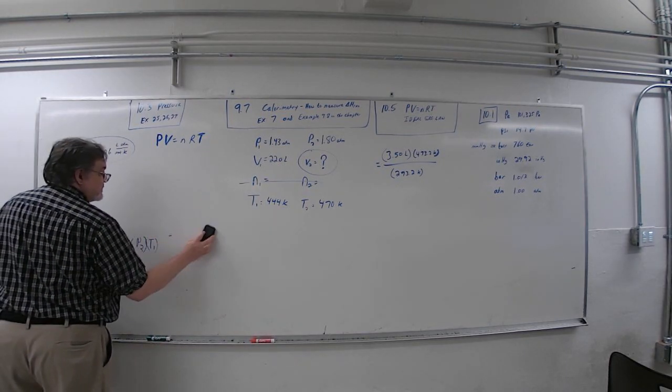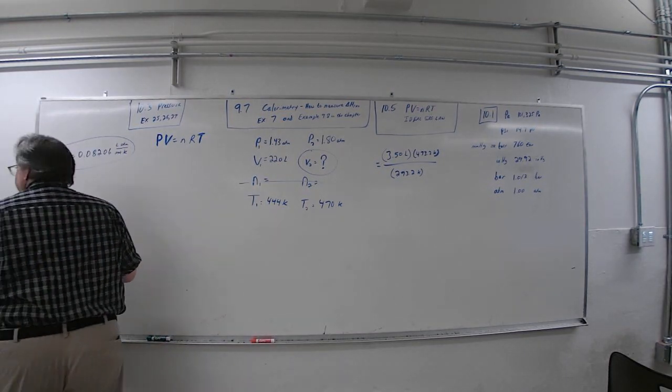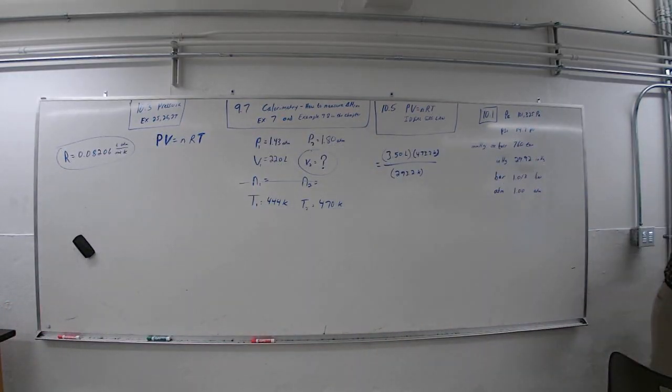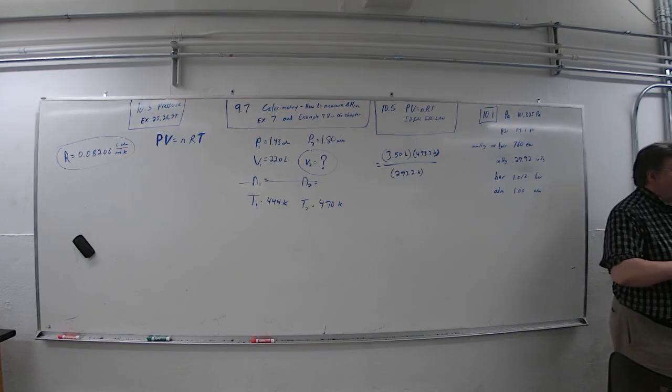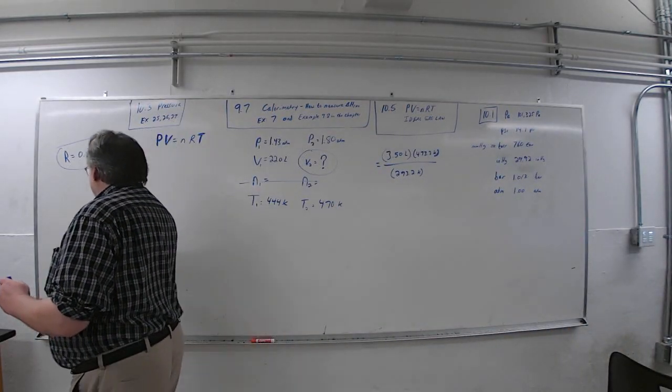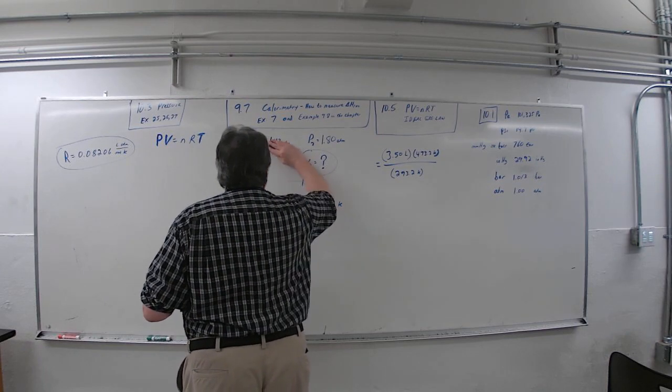Notice, so if you read that one, this is slide 10: a sample of hydrogen gas is added in a 5.80 liter container at 56 degrees C. How many moles of the gas are present in the container if the pressure is 7.6 atmosphere? The point is, there's nothing changing. There's not an initial or final anywhere.